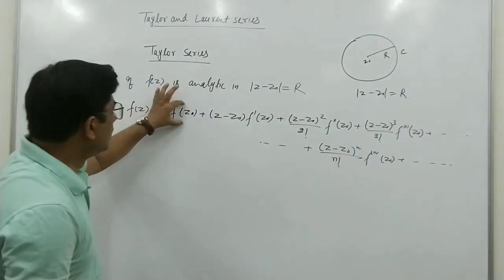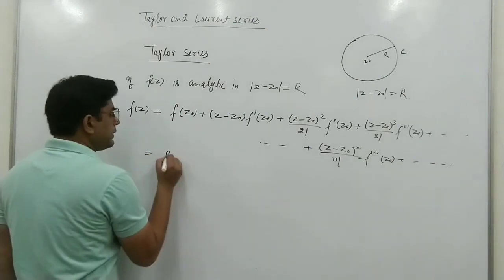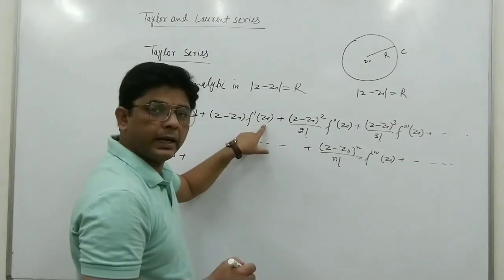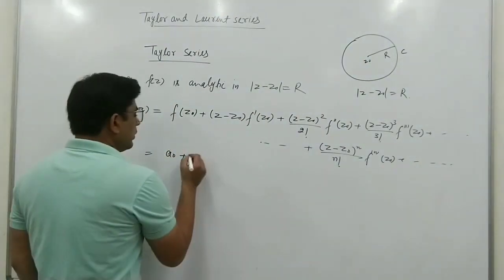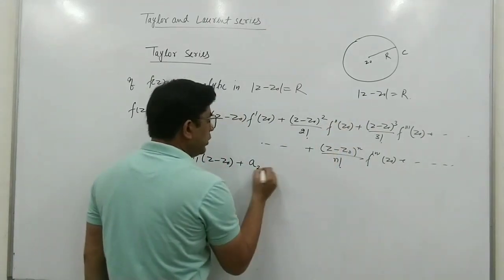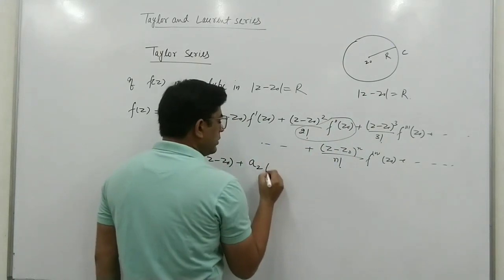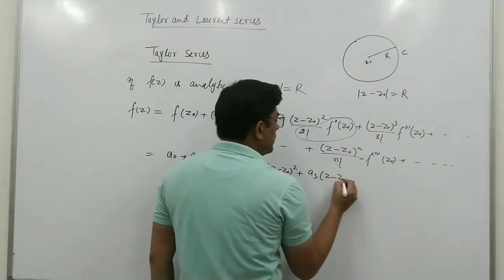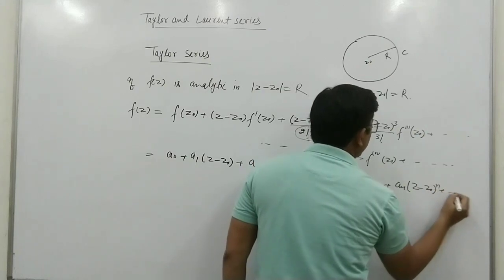Here we can see that the first term f(z0) will be a constant. So we can suppose this constant is a0. Here we have the derivative of this function at z0, so this will also be a constant. We can suppose this as a1, so a1 (z minus z0), plus we suppose this whole term as a2, so a2 (z minus z0) squared, plus similarly a3 (z minus z0) cubed, and so on, an (z minus z0) to the power n, and so on.